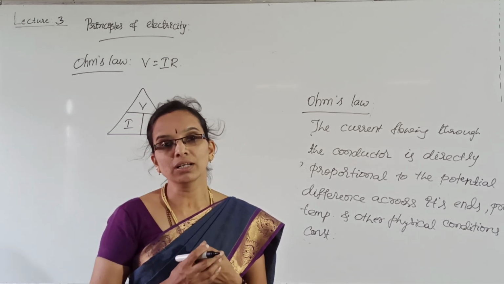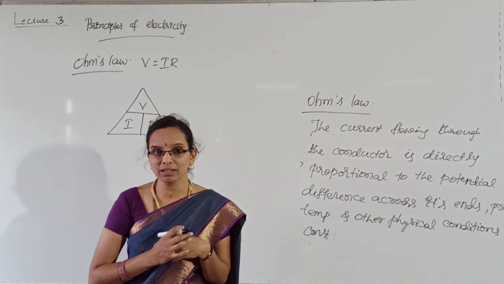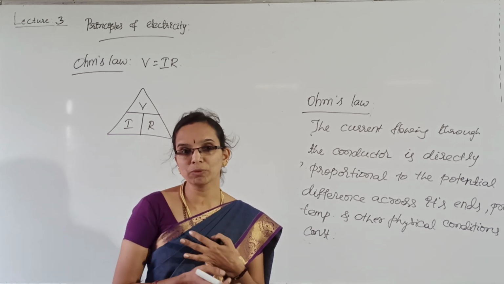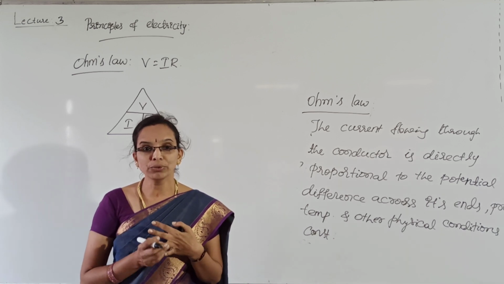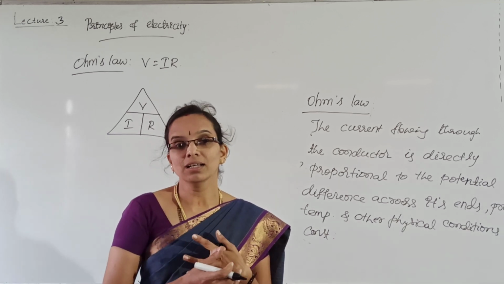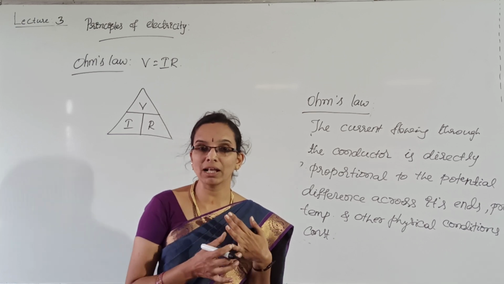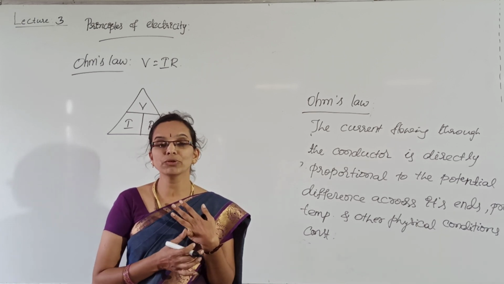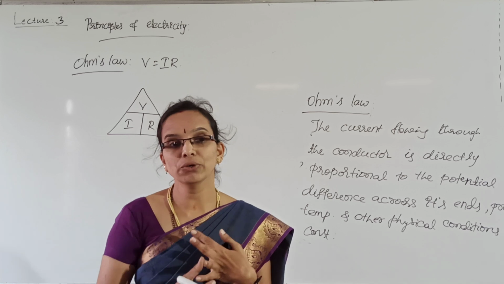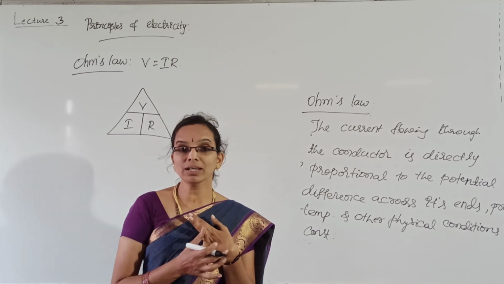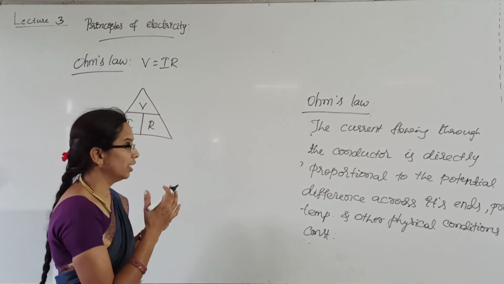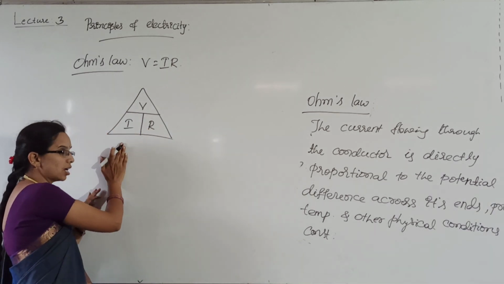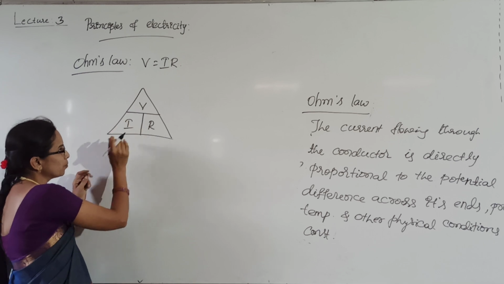In the circuit there may be many resistors connected, and obviously a potential difference is applied and current will be flowing. If you know only resistance and current, you can know the value of potential difference. Or if you know the potential difference and current, you can calculate the value of resistance. If any one of these is unknown, you can calculate it.